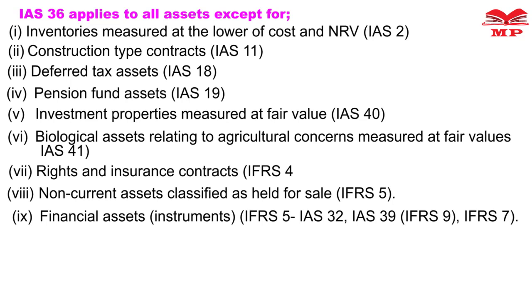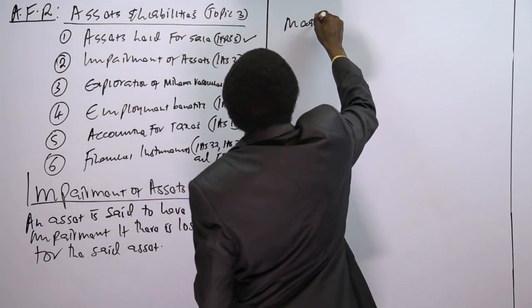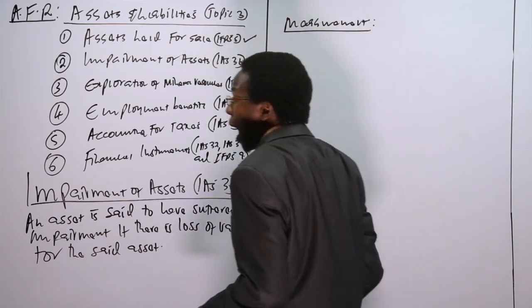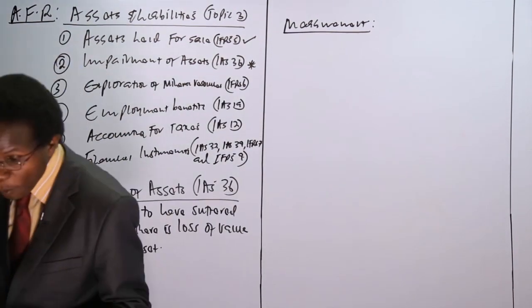Now, let's also look at measurement. How do we determine the value of impairment loss?